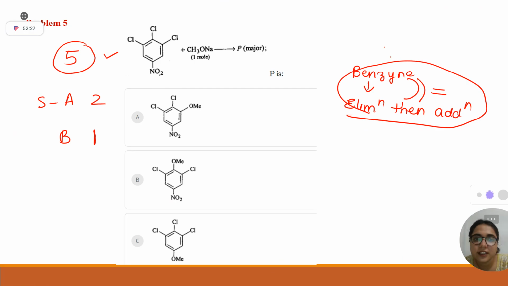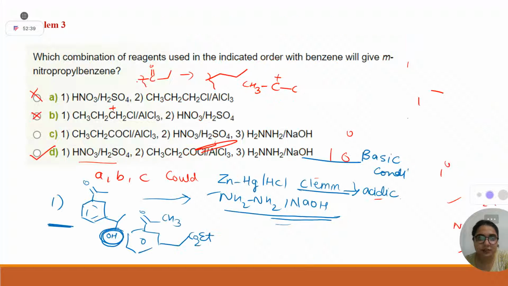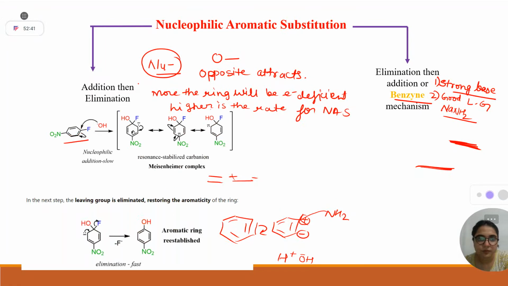What he is saying is that this nitro, if you recall from your electrophilic aromatic substitution, if you can see the mechanism, you are seeing that this nitro group is stabilizing your carbanion, right? But if you look at the resonating structures, in no structure is this negative charge coming at the meta position.